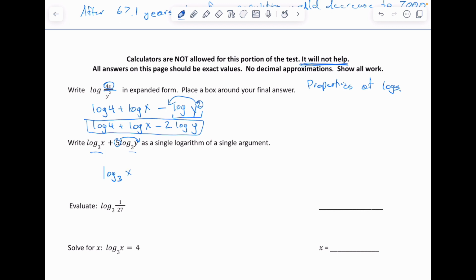So x is going to be multiplied because we have an addition, so it turns into a multiplication. And then you have y to the 5th power. Can I convert to anything else? No, that is as simplified as it can be.